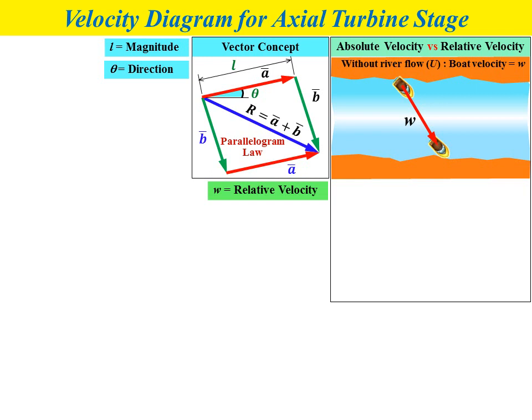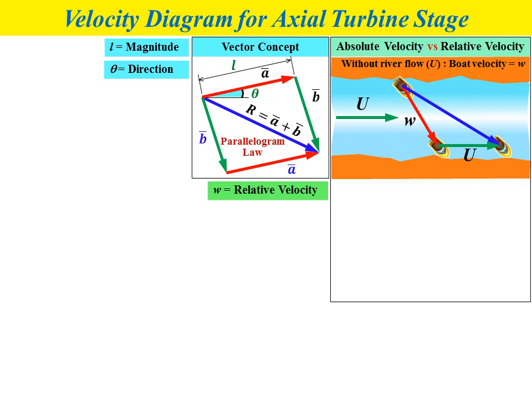However, when we consider the river flow velocity represented by U, we need to add vector W with vector U. So we need to apply the vector concept, and as a result we will get a new position of the boat due to the river flow velocity present during the process.